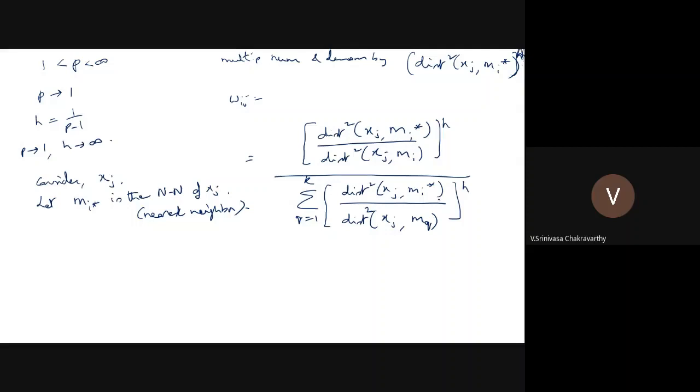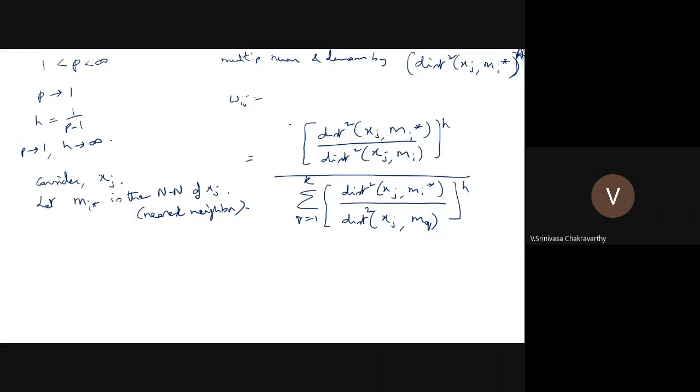Now h is tending to infinity here. You see that mi star happens to be the nearest neighbor. For now we have only two cases.